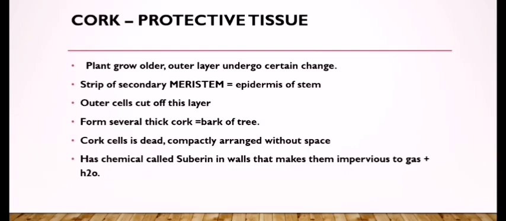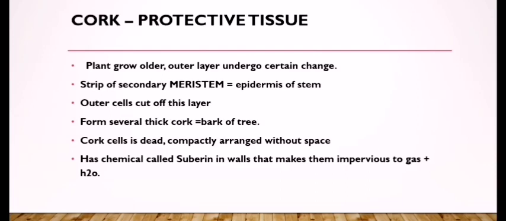They will cut off the secondary meristem, also called the epidermis of stem, and they will form several thick cork. So after cutting the epidermis of stem, they will form a thick cork. This thick cork is actually called the bark of the tree.